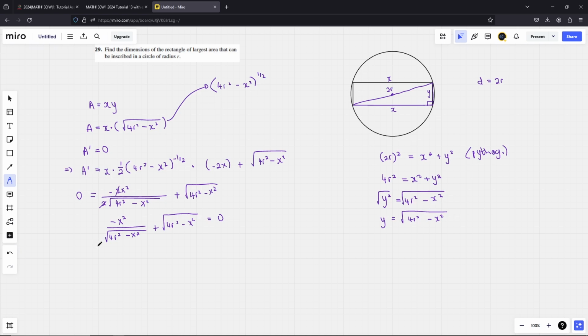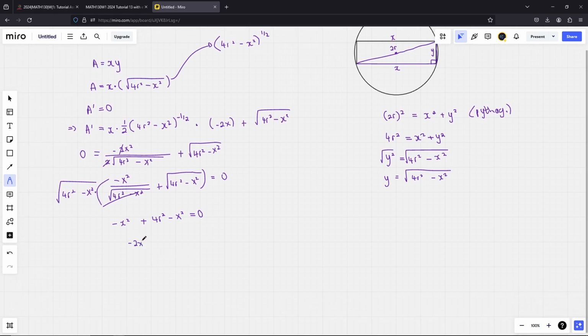Now let's multiply through by the root of 4r squared minus x squared. Okay, so we're going to multiply these together. Now if I do that, these are going to cancel, so this is going to be minus x squared plus, now if I multiply this with this, the roots are going to cancel. So I'm going to have plus 4r squared minus x squared equals 0.